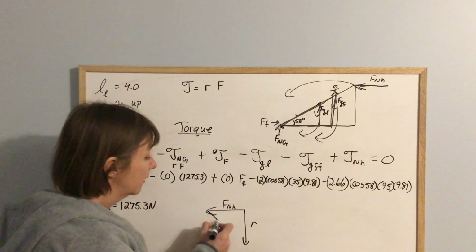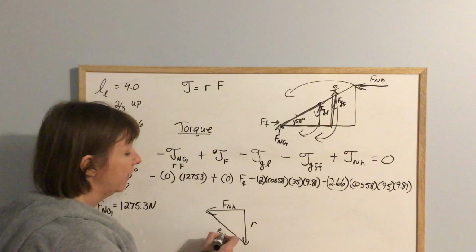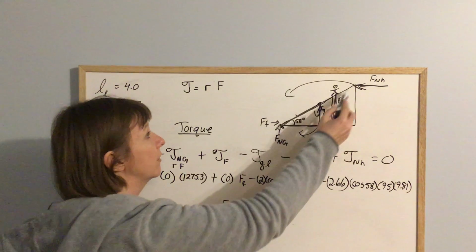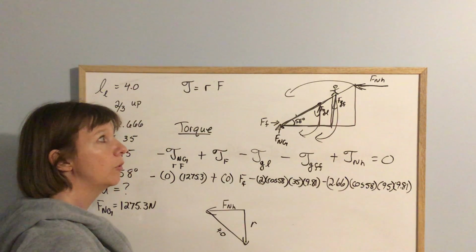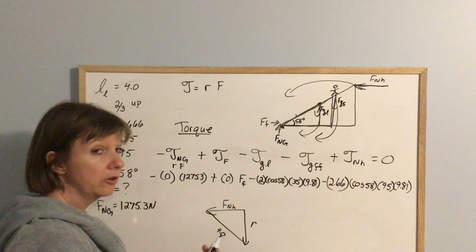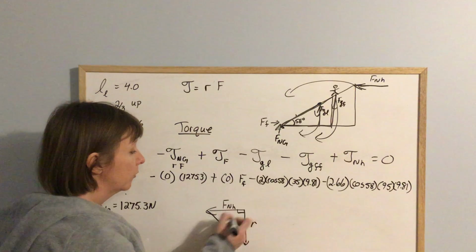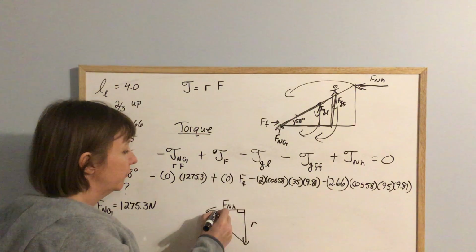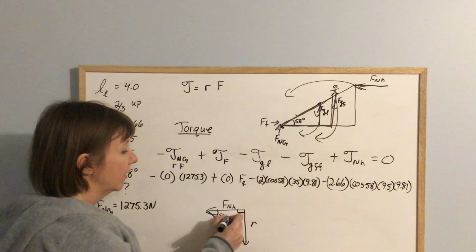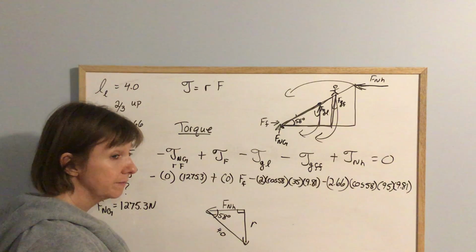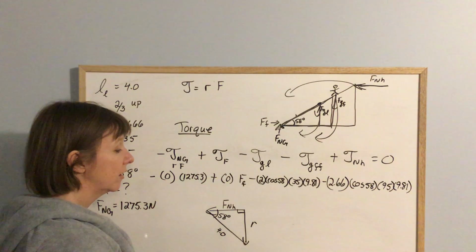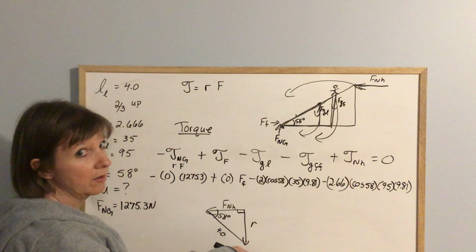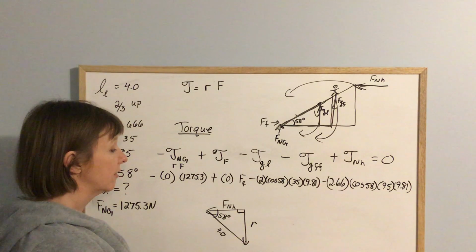And this, we know, has to be 4 because the distance of this triangle is 4, and these are going to be congruent triangles. So there's a right angle here. If this angle is 58, this angle is 58. So this R is actually the opposite side, not the adjacent side.